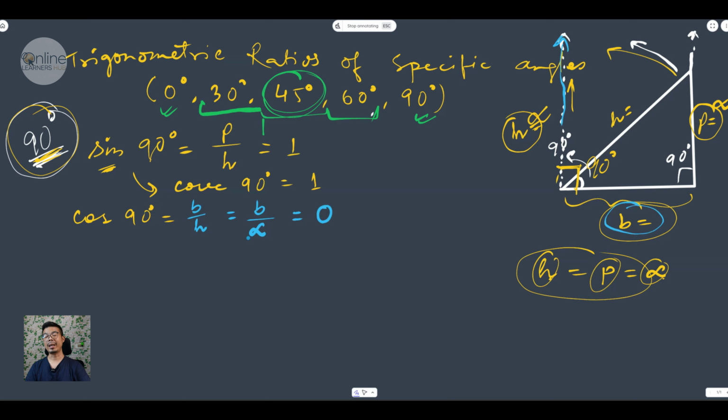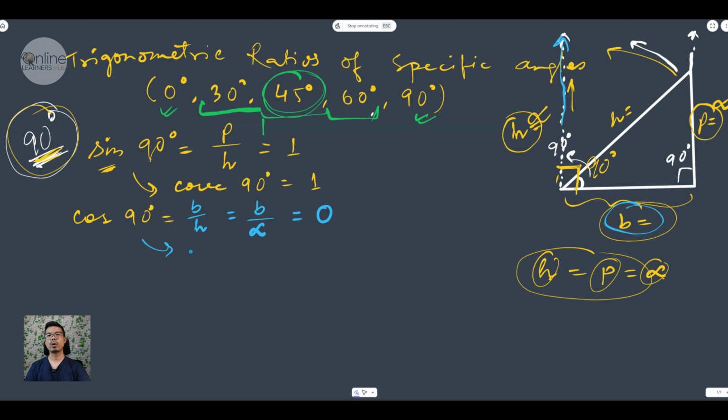If any number is divided by infinite, it is very close to 0, so it is always considered as 0. Please don't forget this. This is very important. Any number divided by infinite becomes very small, equivalent to 0. That's why we always put the value as 0.